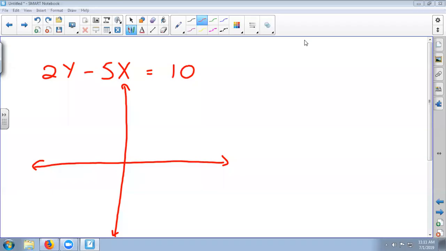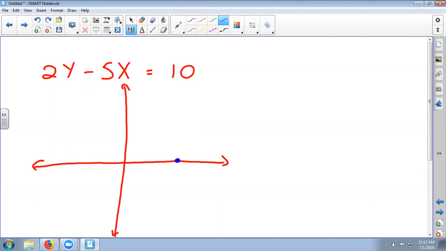Okay, so maybe instead of trying to find these points, these fractions, maybe it'd be easier if I don't have to worry about going left and right and up and down. So what we're going to look for is intercepts.